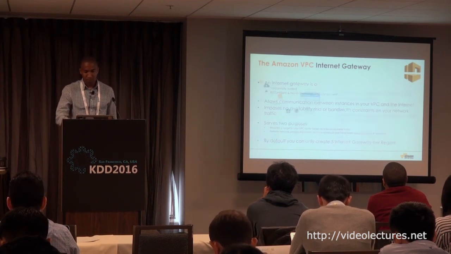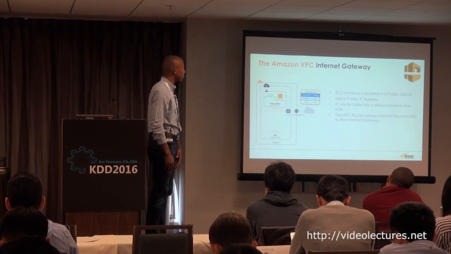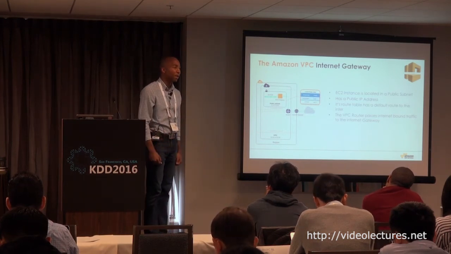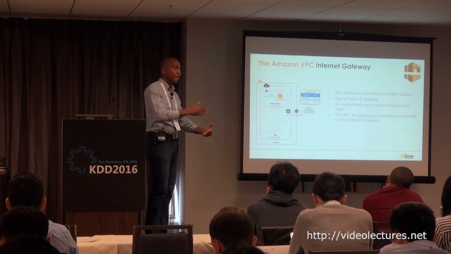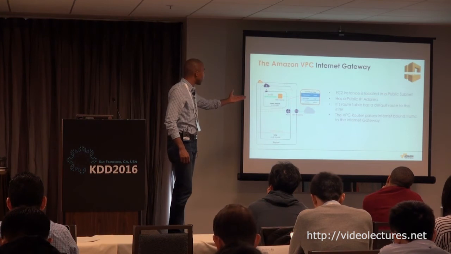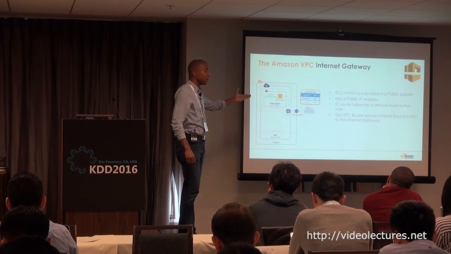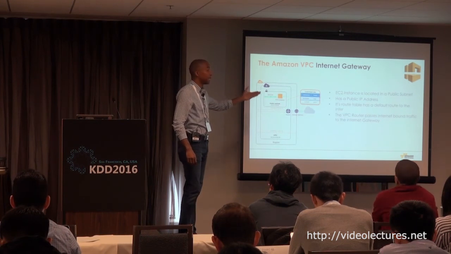So what does a route to your internet gateway look like within your route table? It's as simple as what you're seeing to the right, where you define where you're going and what's actually taking you there.